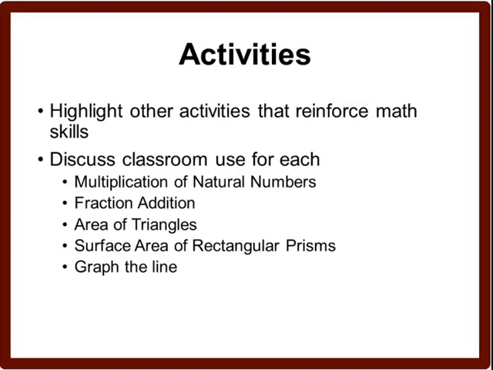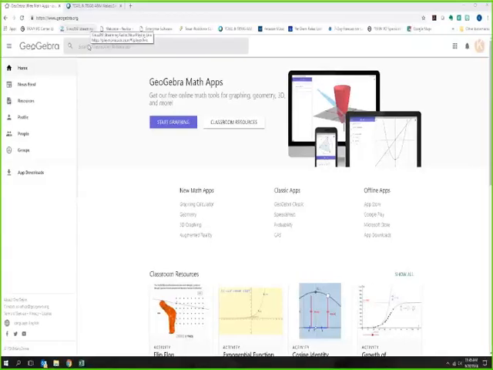We are going to look at 5 different activities. One is multiplication of natural numbers, then fraction addition, area of triangles, surface area of rectangular prisms, and then graph the line. So I'm going to hopefully share my screen and take us to the site itself.